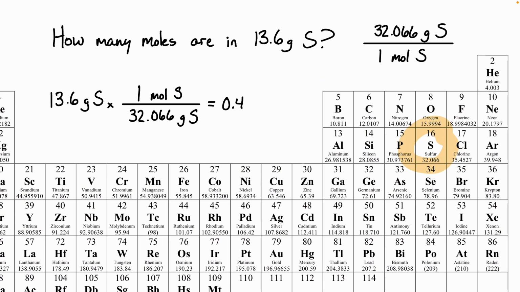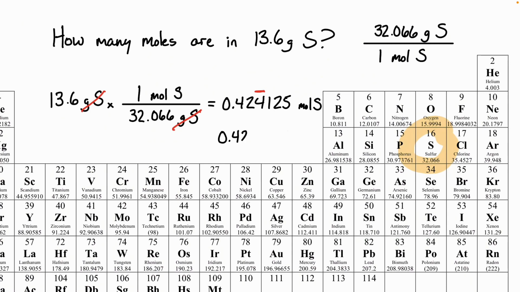So 0.4242125, and now I'm in moles of sulfur, or my units, right? Grams have canceled out. And then go back and do sig figs. So 0.424 moles of sulfur. Boom.